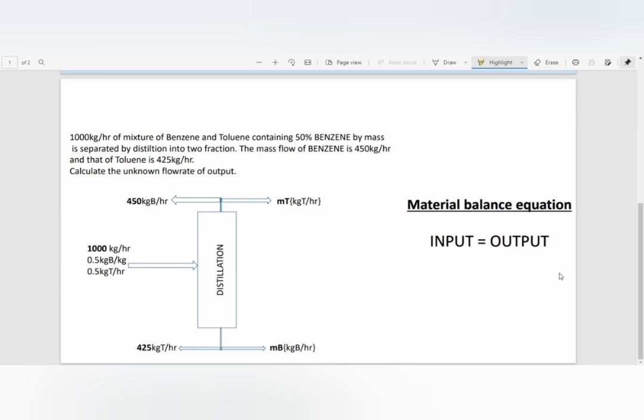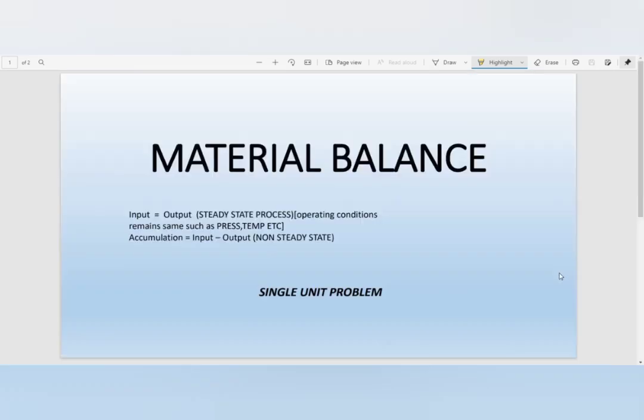Here is a problem which we will be solving. At first just look into the diagram, or the flow, where there is one inlet and four out streams. At first we understand the material balance concept, what material balance actually is.